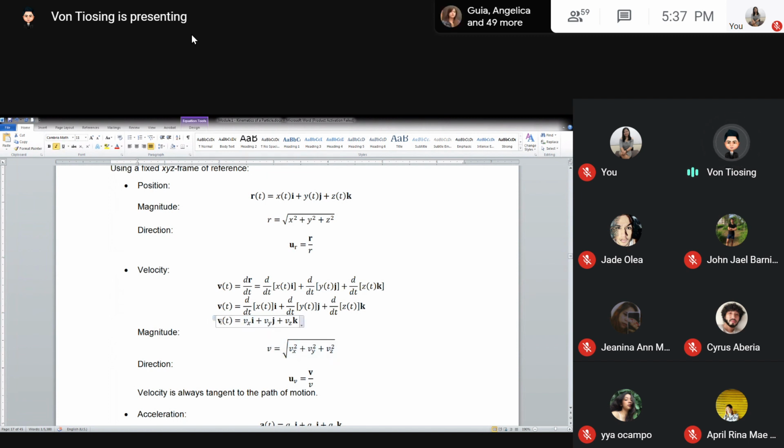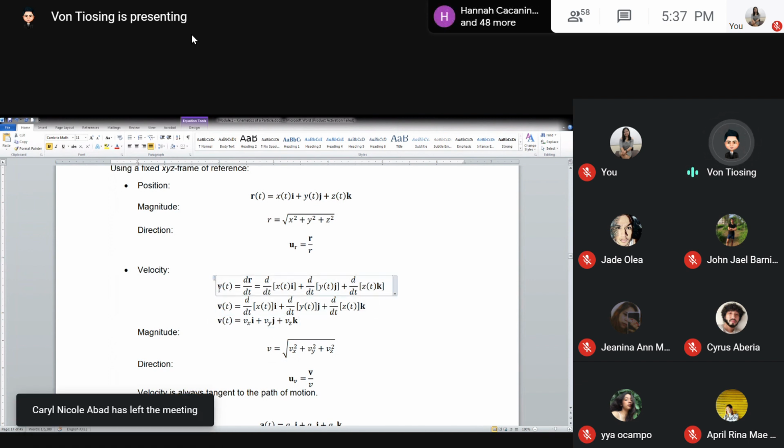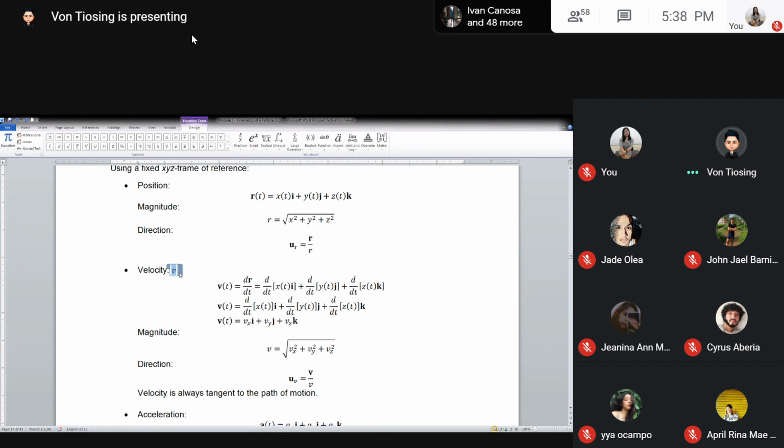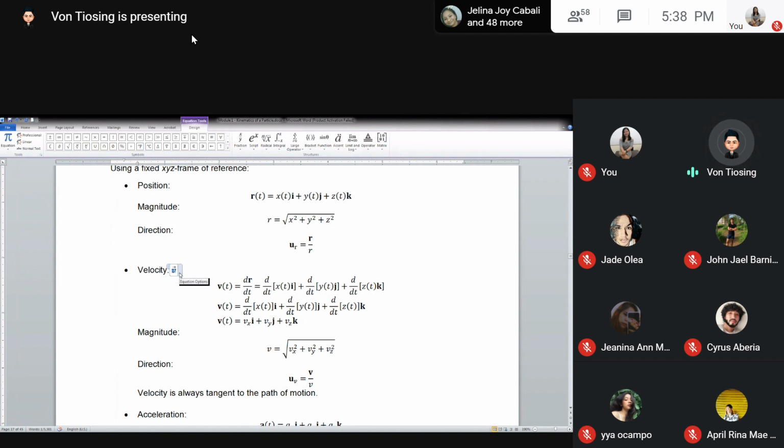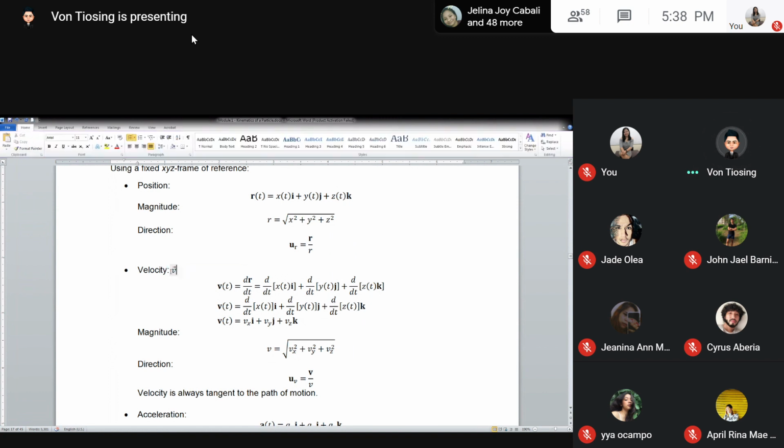Na v rin naman, pero ito ay vector. So kapag isusulat nyo siya sa papel, itong mga naka-bold ay lalagyan nyo ng arrow, kasi hindi nyo naman siya makikita dito. Halimbawa, sinulat mo na v with an arrow pointing to the right, yun ang ibig sabihin ng vector.